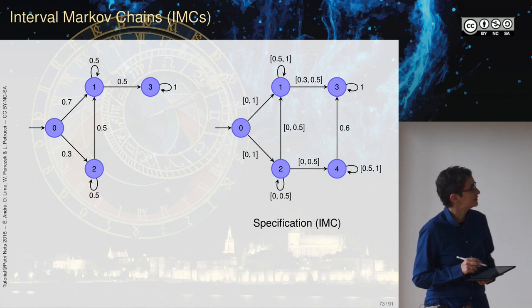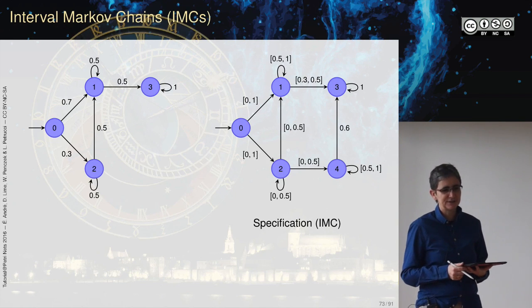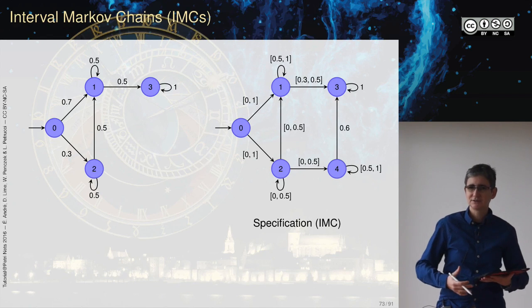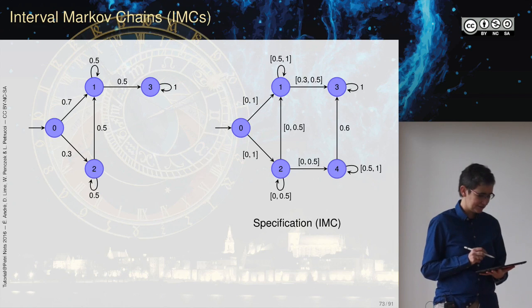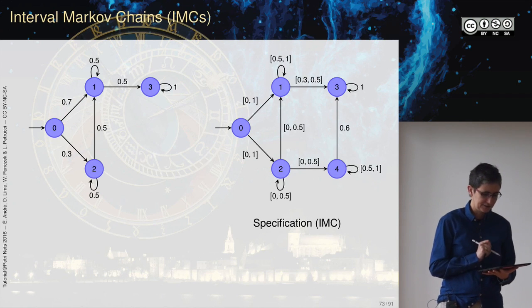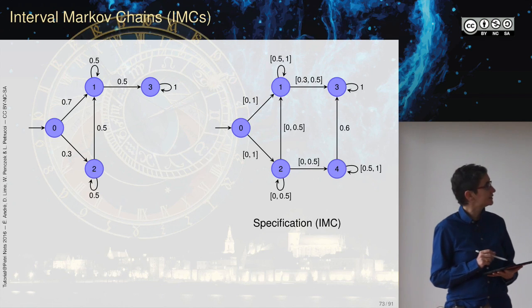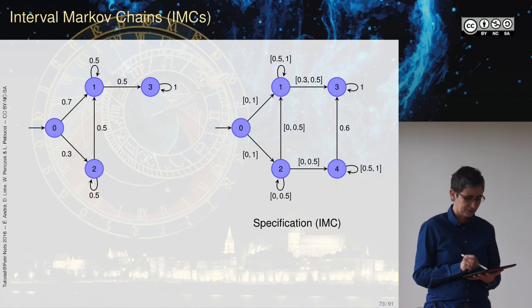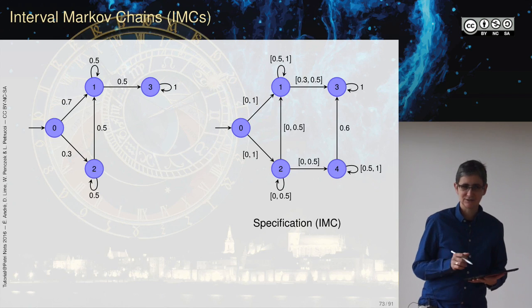Now, these can be specified in a larger scheme with interval Markov chains. You can see interval Markov chains as larger specifications, and instead of having single probabilities like here, you have an interval of probabilities. So in an interval Markov chain, you would say that the probability of going from one state to another is some probability within an interval.